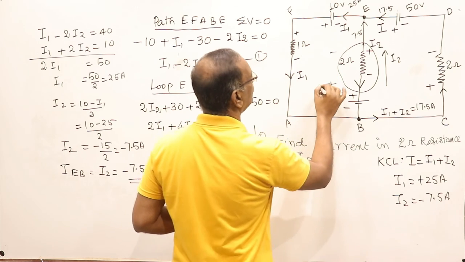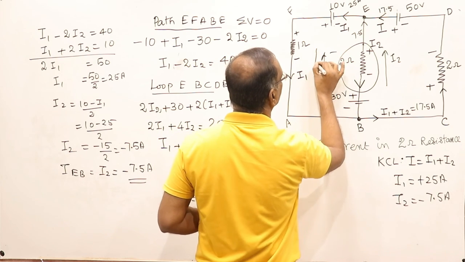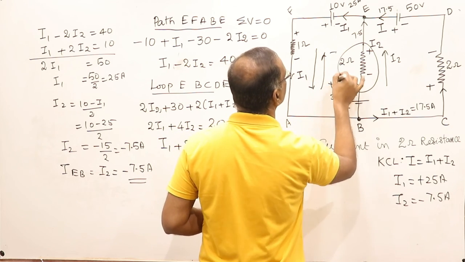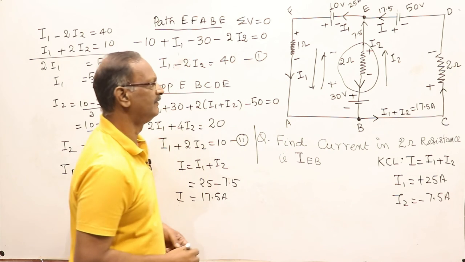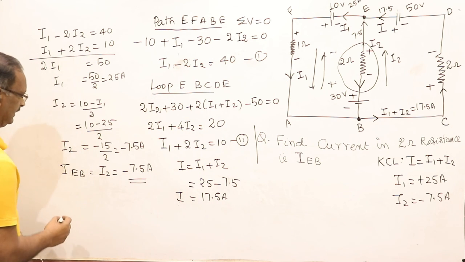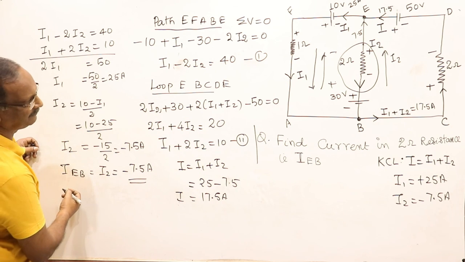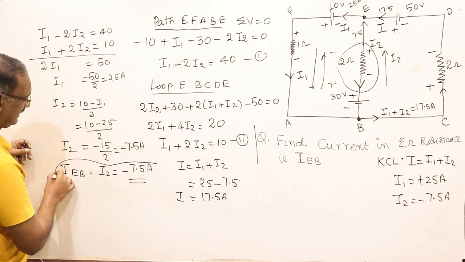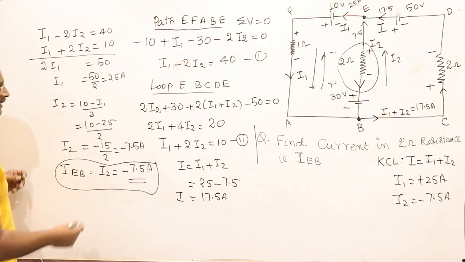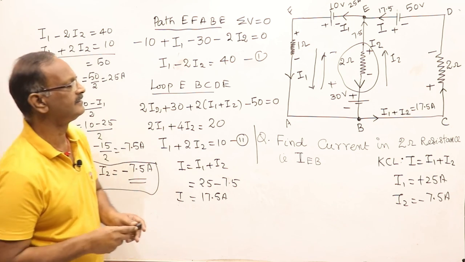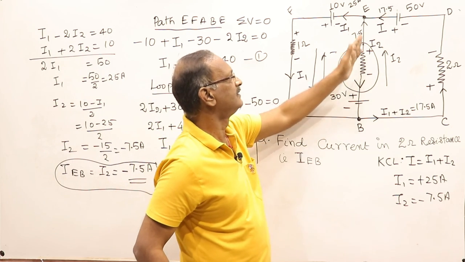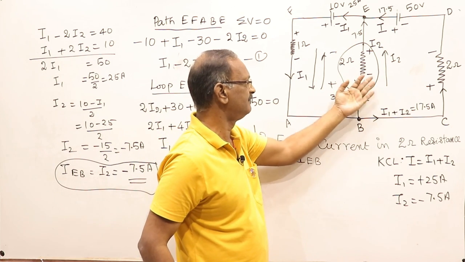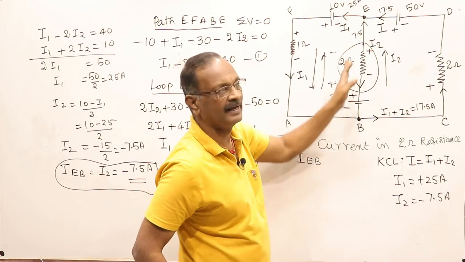And if you are coming this way, this is minus to plus, so it will be minus 7.5 ampere. So current in the branch EB is equal to minus 7.5. The negative indicates its direction: our assumed direction is in this direction, but the actual direction is in this direction.